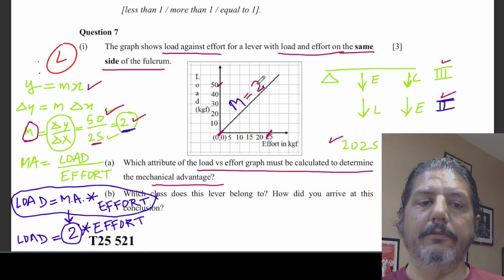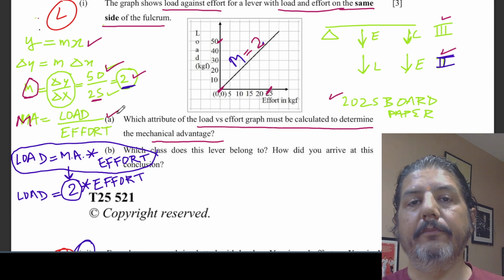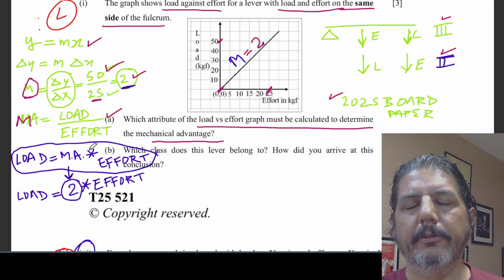What does 2 represent? Let's try to understand. I know that the mechanical advantage is given by load by effort. This is the definition of mechanical advantage. So load would be written as mechanical advantage multiplied by effort.